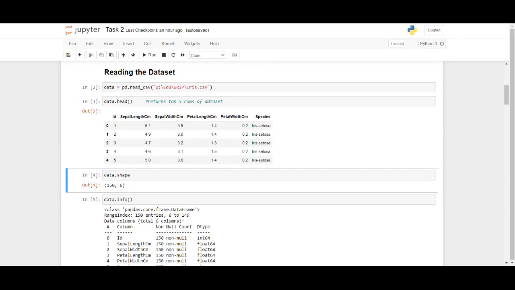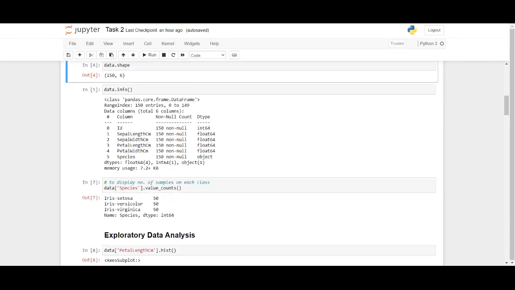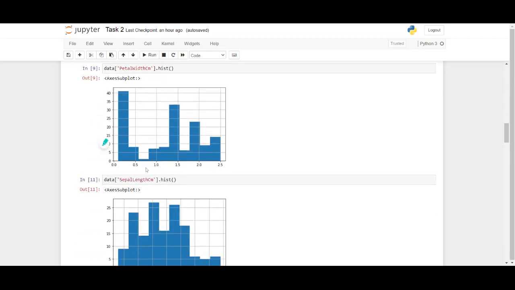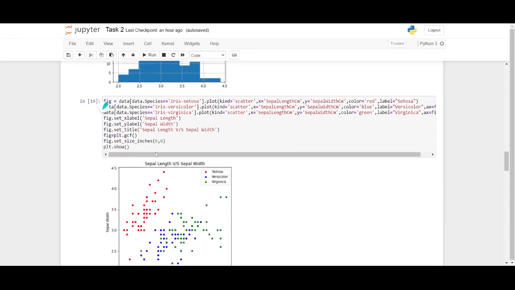Iris dataset has sepal width, petal width, and species. EDA, exploratory data analysis. Plotting histograms for petal length, petal width, sepal length, and sepal width.